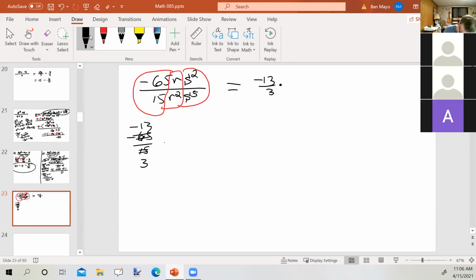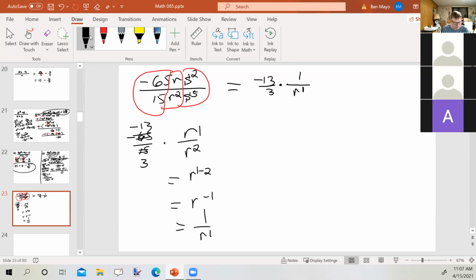Now let's take r over r squared. That's basically r to the 1 power over r squared, right? Yes. So that would be r to the 1 minus 2, top exponent minus bottom exponent, which would be r to the negative 1, which would be 1 over r to the 1. So this is going to be times 1 over r to the 1 power.